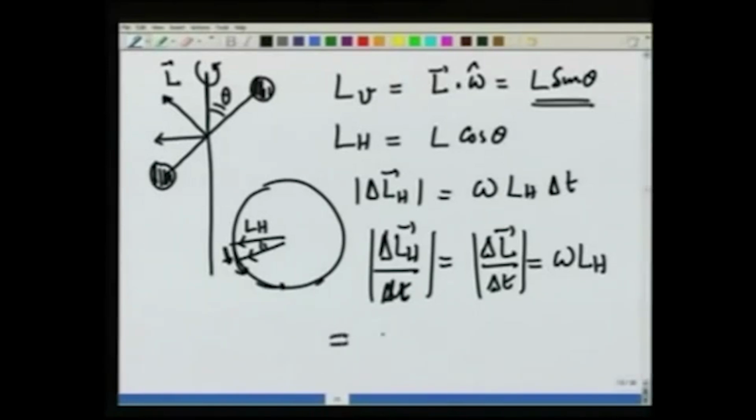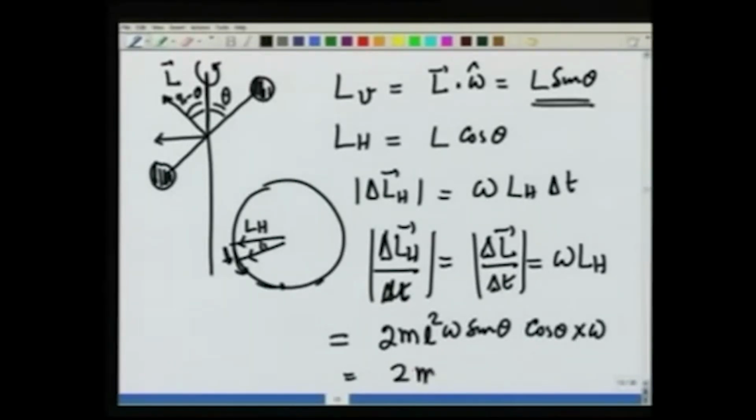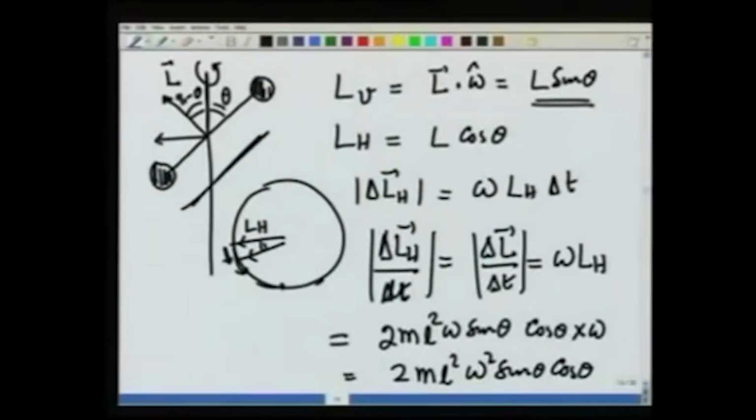L was 2 m L square omega sine theta, and this angle is 90 minus theta. So L horizontal is going to be sine of 90 minus theta of this, which is cosine of theta, times omega, which comes out to be 2 m L square omega square sine theta cosine theta. And at this point, when the body is in the plane of the screen, the horizontal component is coming out of the screen, so that is the direction of dL/dt, and this is going to be the torque required.